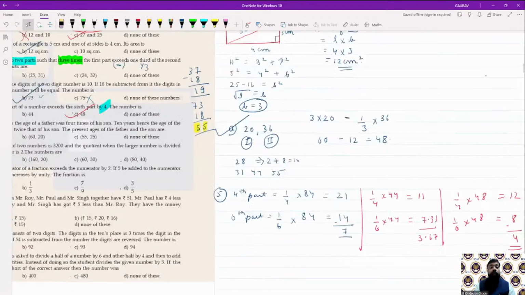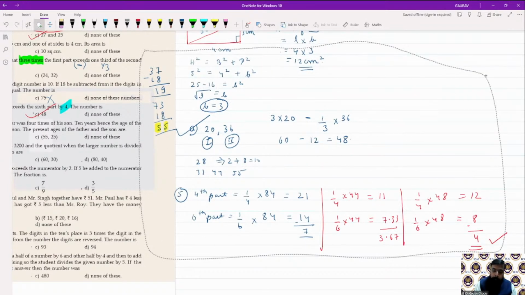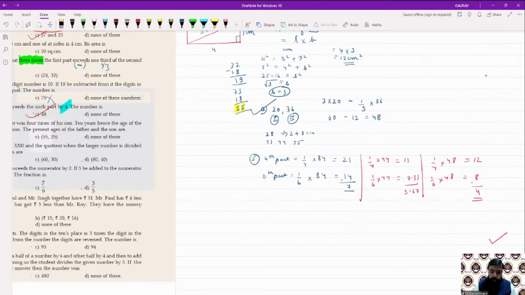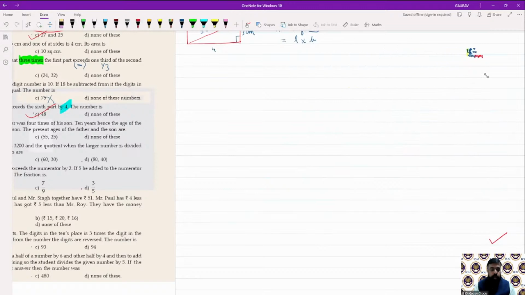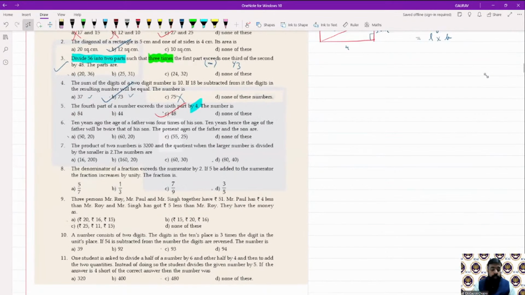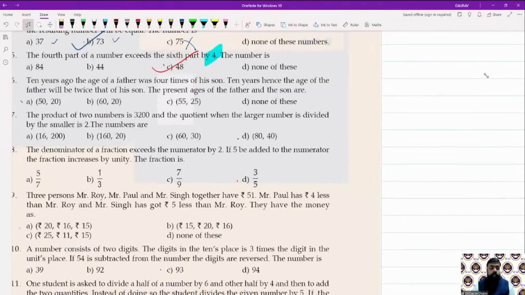So I'm making some space. Till then you can try using the options. So question number 6 is: 10 years ago, the age of father was 4 times of his son.